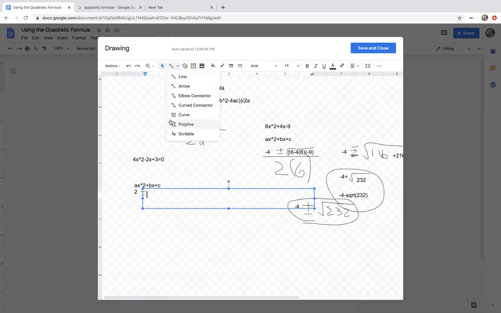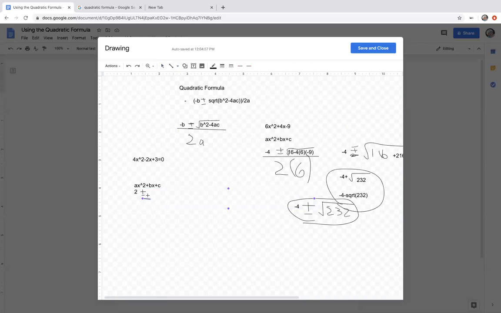So square root. Oh shoot, this is not needed, and that is not needed.